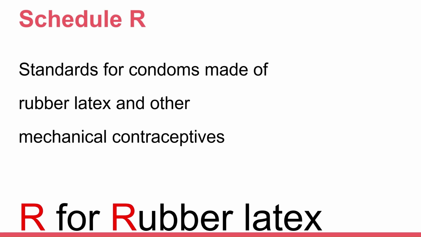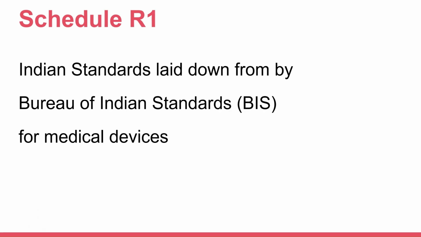Schedule R is for condoms made up of rubber latex. R helps you to remember about Schedule R. Rubber latex helps you to remember about condoms made up of rubber latex.